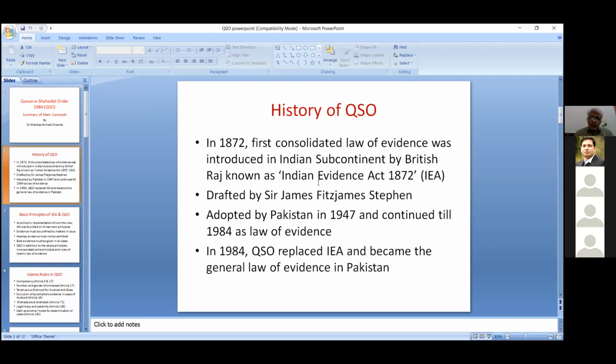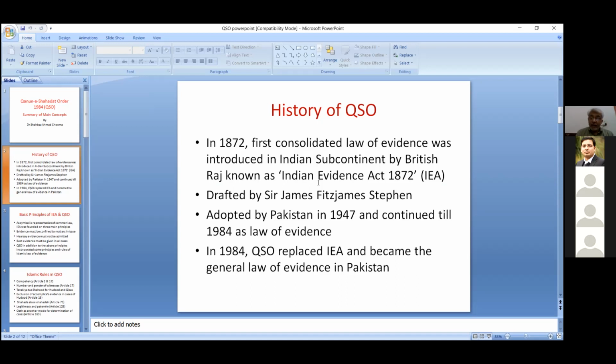And in 1984, a debate about Islamization of law was started, and it was pointed out that there were some provisions in Indian law of evidence which are not Islamic.